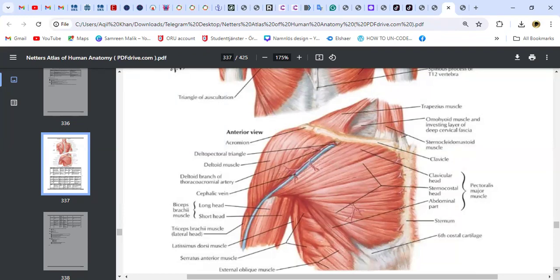All these four muscles are grouped as the rotator cuff muscles. They hold the head of the humerus in the glenoid cavity, and they blend with the articular capsule in order to reinforce it. So that's also one of the functions that strengthens the shoulder joint. What else does it do?